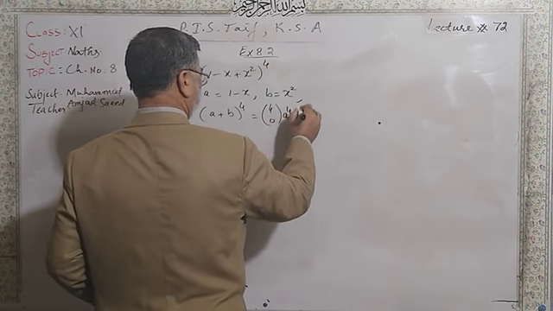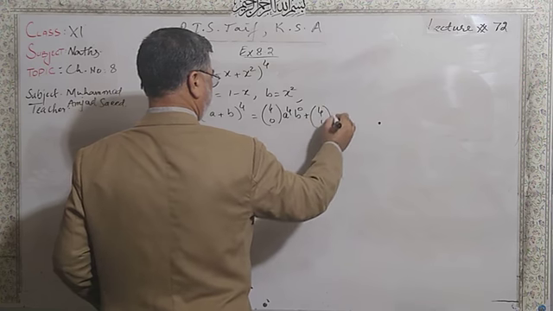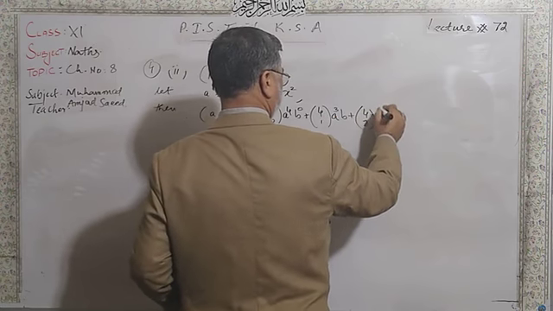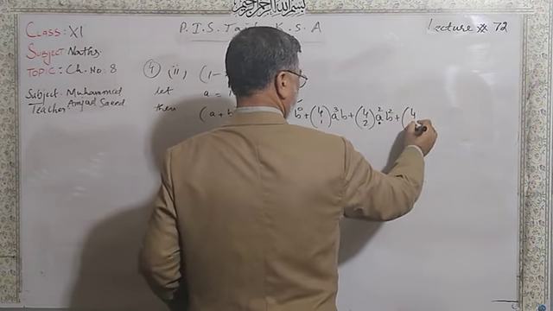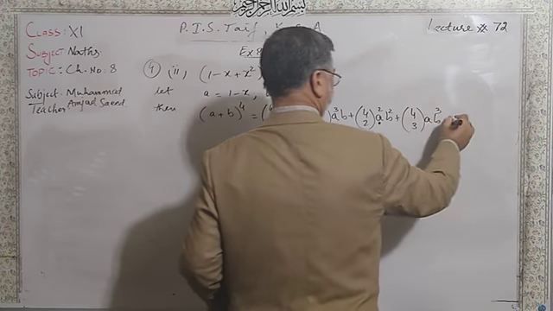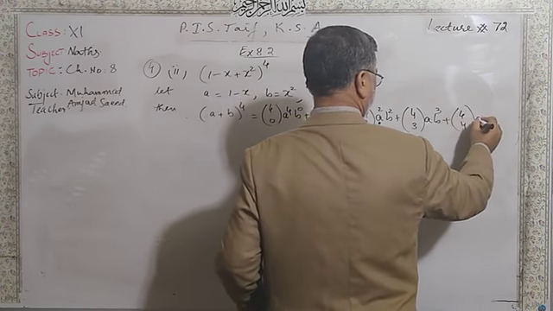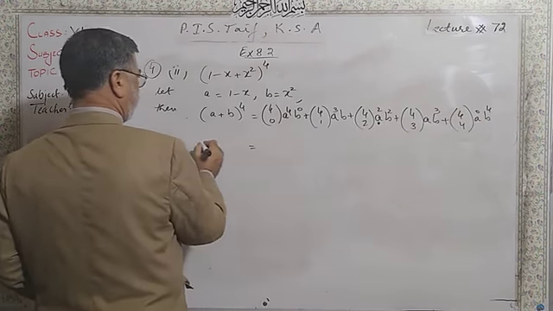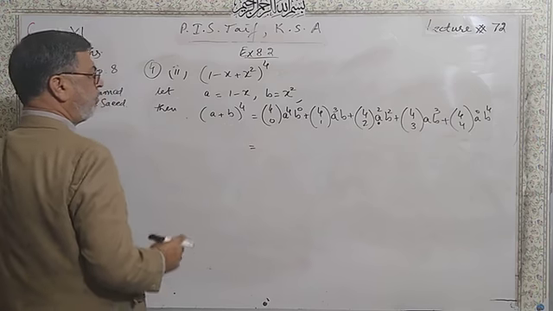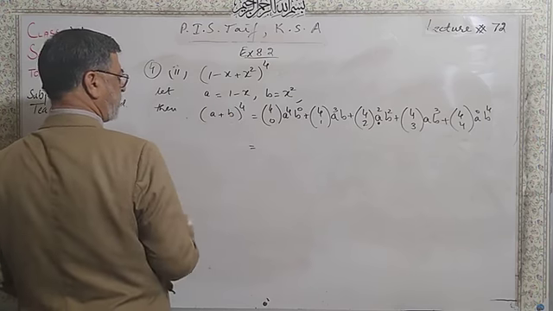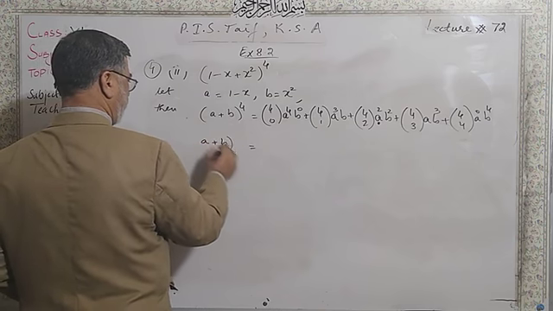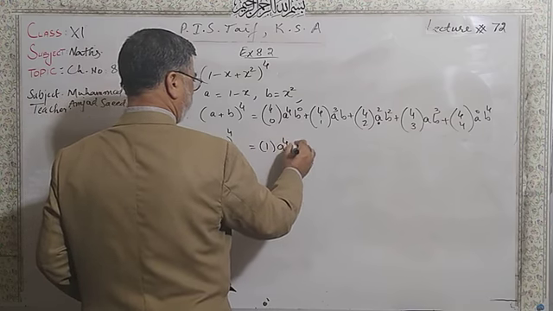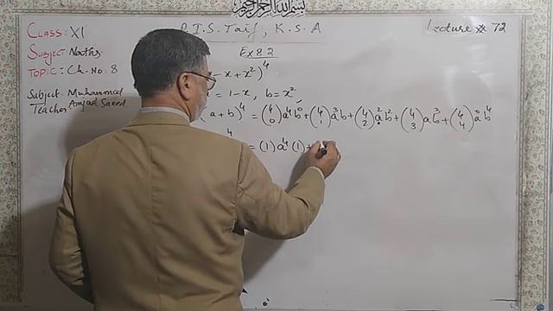4c0 a4 b0, 4c1 a cube b, 4c2 a square b square, 4c3 ab cube, 4c4 a0 b4. Dear students, now you can apply the values. A plus b power 4, 4c0 is 1, a4 and b0 is 1.